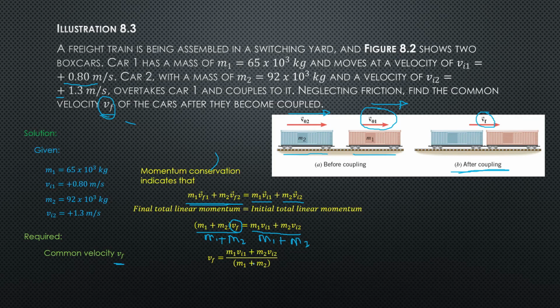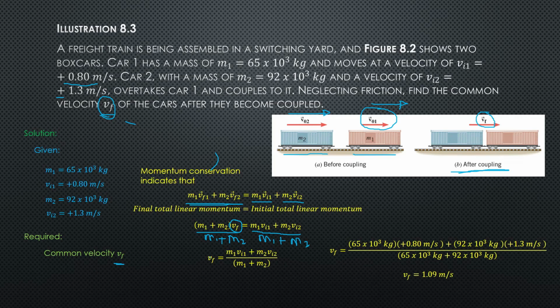Substituting the given values, mass 1 is 65,000 kilograms multiplied by the initial velocity of car 1, 0.8 meters per second, plus 92,000, the mass of car 2, multiplied by its initial velocity of positive 1.3, dividing by the sum of the masses, which is 65,000 plus 92,000 kilograms.